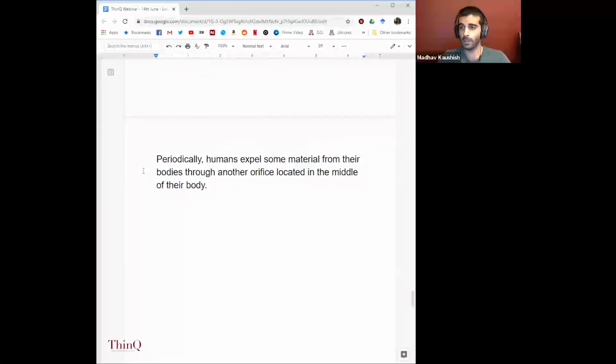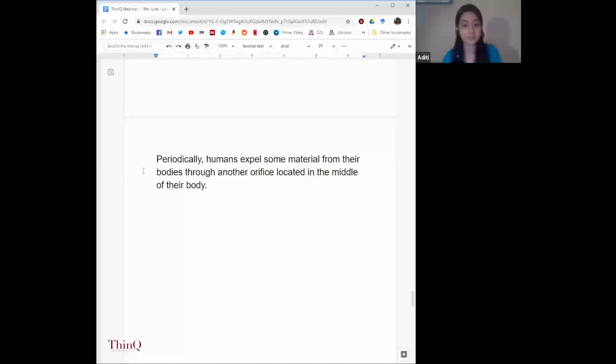So maybe it's not the chest area where the expansion happens, but lower down. So maybe what we need to explain that is not hollowness, but some sort of a container. We could postulate that container to get what we need.